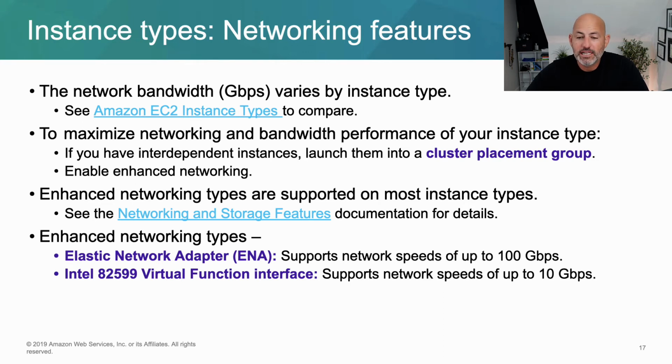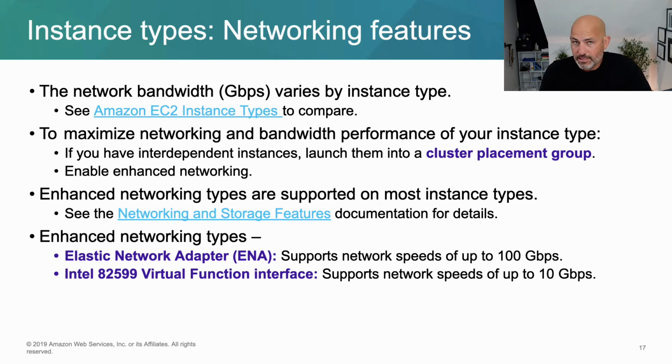Enhanced networking is supported on most instance types. What does it do? It supports speeds of up to 100 gigabits per second. And the Intel 82599 virtual function interface supports network speeds up to 10 gigabits per second.